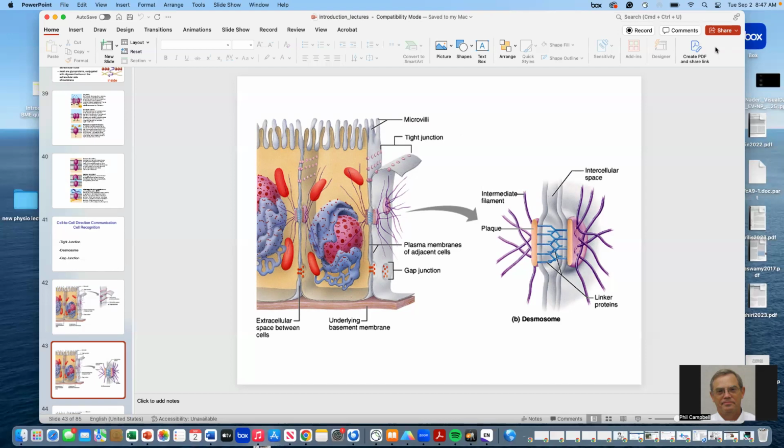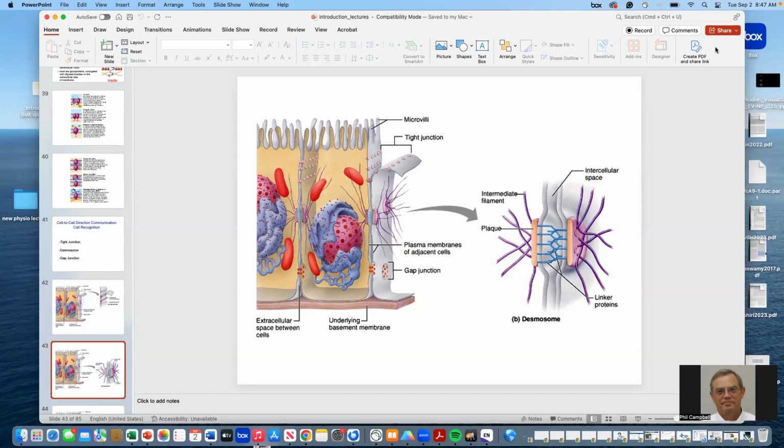So here is cell A, here is cell B, here are the linker proteins, they're interjoined, right? What happens if I stretch cell A, that's on my right here? If I pull that cell, that's going to pull those linker proteins, which are attached to the plaque, which then are attached to the linker proteins. And they're going to pull it this way.